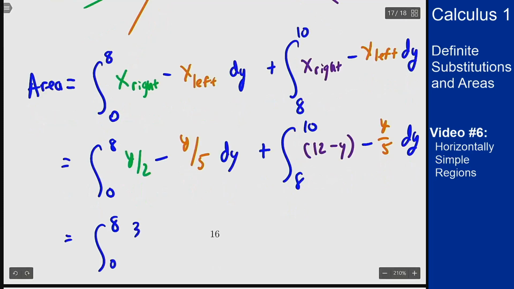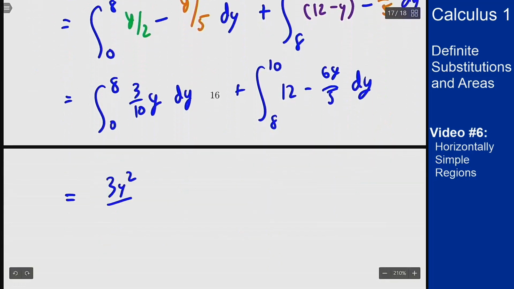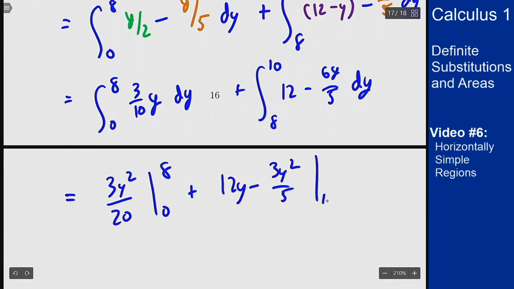This becomes the integral from 0 to 8 of 3/10 y plus an integral from 8 to 10 of 12 minus 6y over 5. We can then find antiderivatives: 3y squared over 20 from 0 to 8 plus 12y minus 3y squared over 5 from 8 to 10.